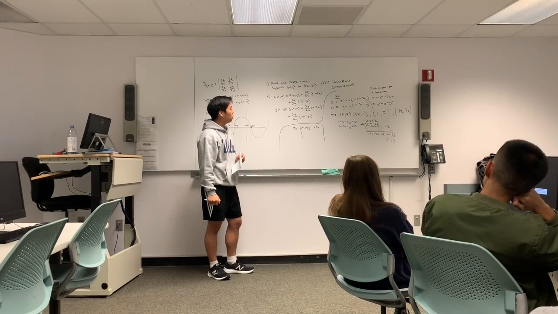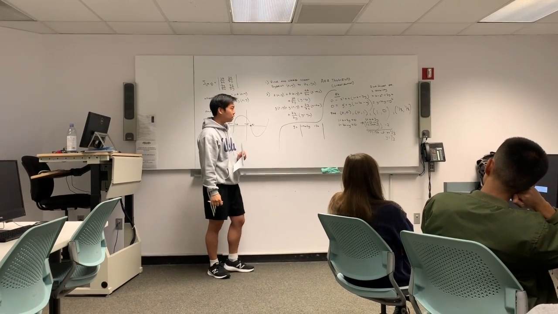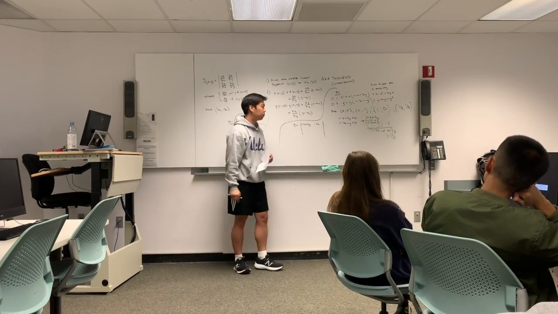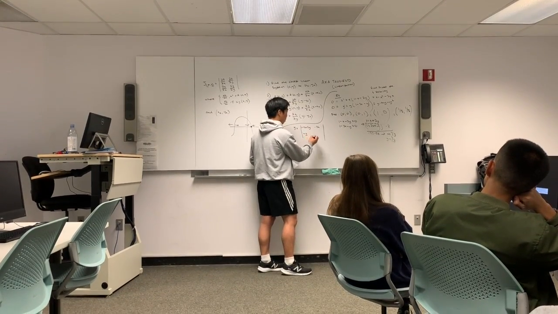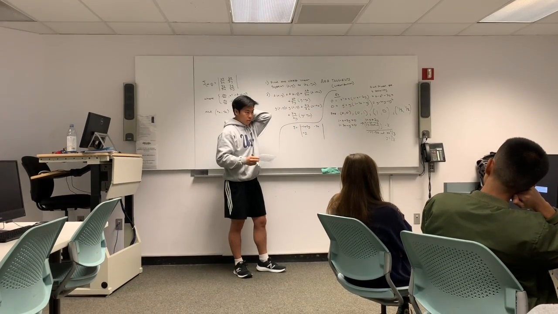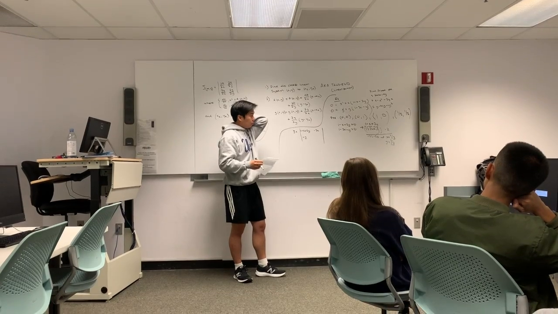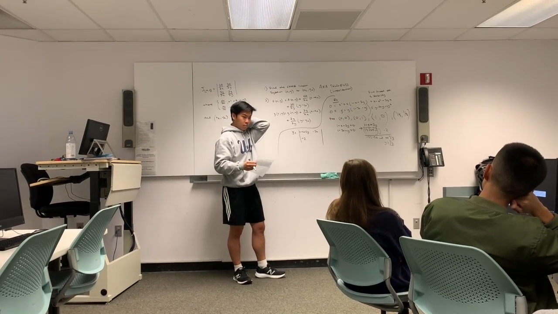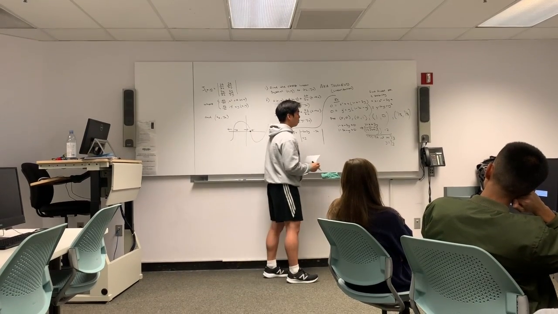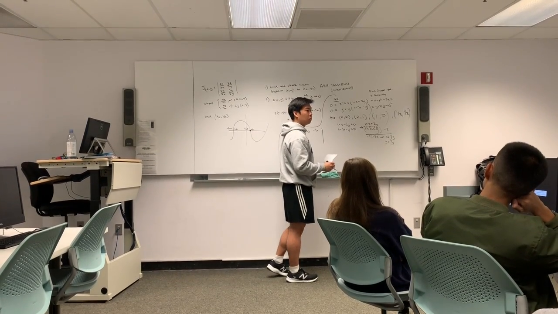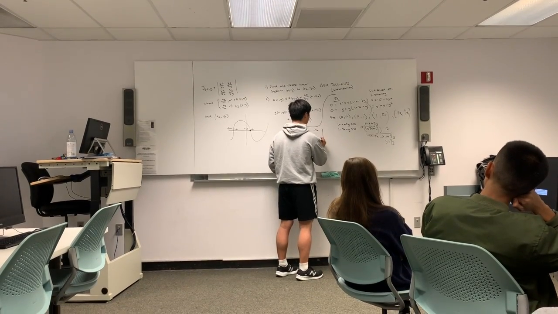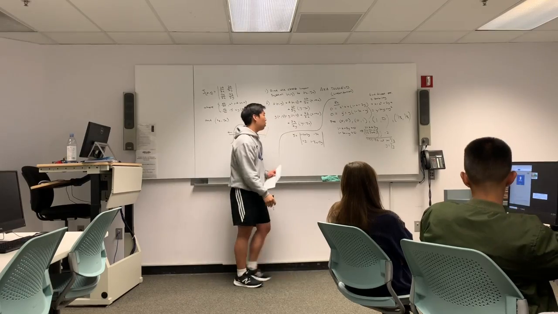Now for y prime in terms of x, it's going to be minus 2y, right? And what would it be for y in terms of y? Okay. So 1 minus 2x minus 2y, and that's your Jacobian.